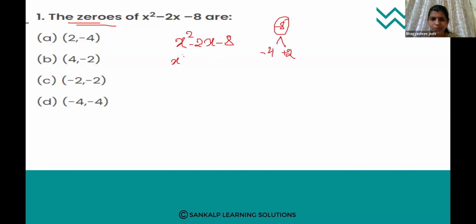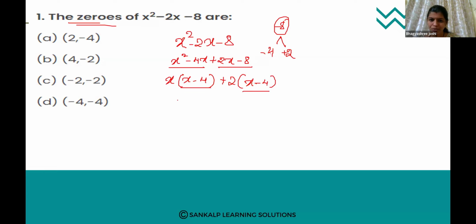So x square minus 4x plus 2x minus 8. Again, make two groups. X is common. X minus 4. Here 2 is common. Observe carefully. 8 can be written as 4 into 2. So 2 I will take outside. X minus 4. So x minus 4 is 1 factor.